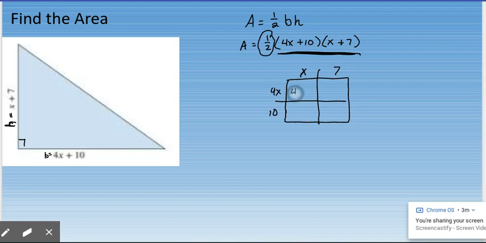4x times x is 4x squared. 4x times 7 is 28x. 10 times x is 10x. 10 times 7 is 70. And I have to add up my like terms. Don't forget, we still have our 1/2 here.